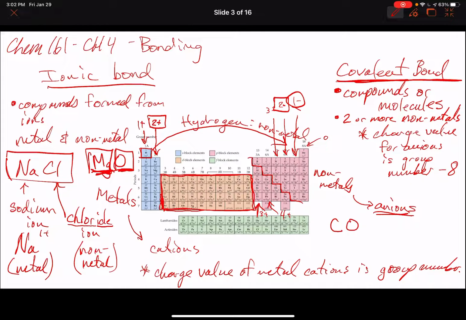An example for this is carbon monoxide. For the first species here, we simply use the element name, carbon, and the next part is monoxide. We can recognize that the carbon is, of course, a non-metal, and the oxide is also a non-metal.